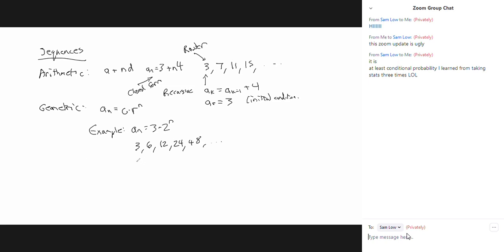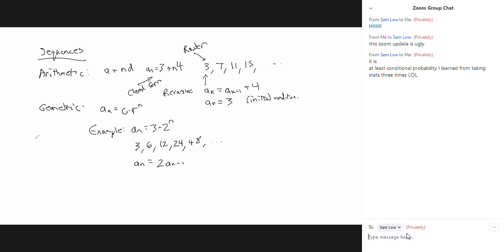Or what was the recursive form? We take the previous value and we multiply it by whatever the rate is. So 2.